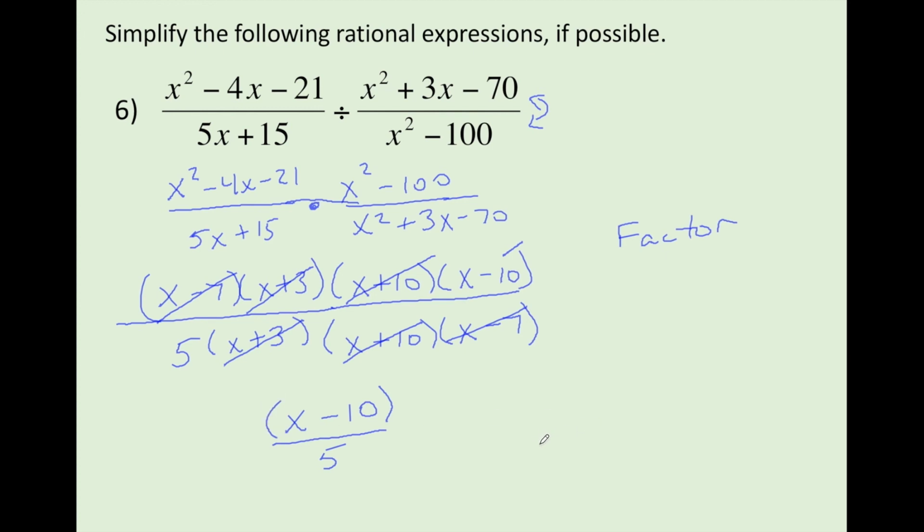Final answer, x minus 10 over 5. I almost crossed off the wrong factor there.